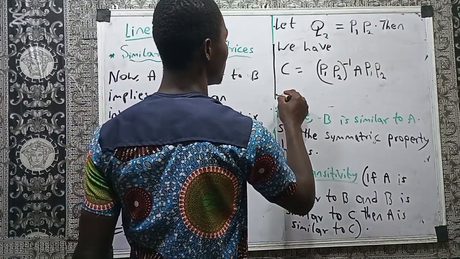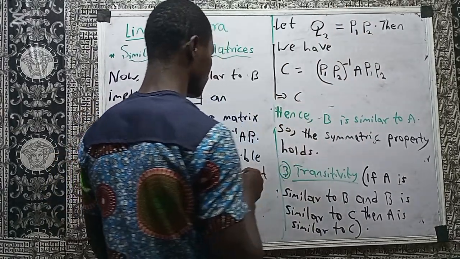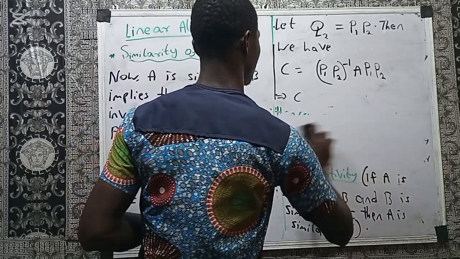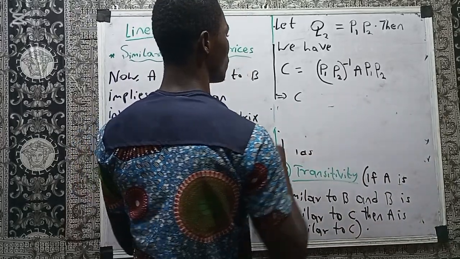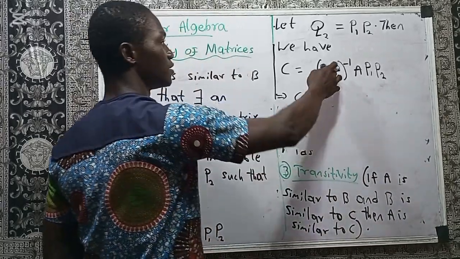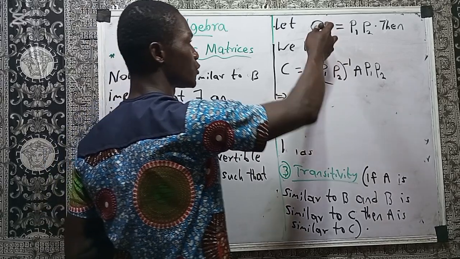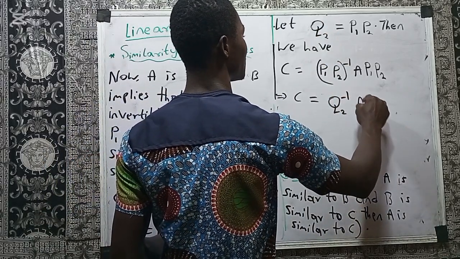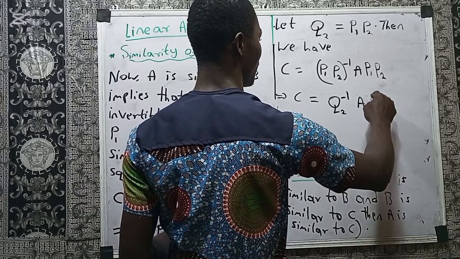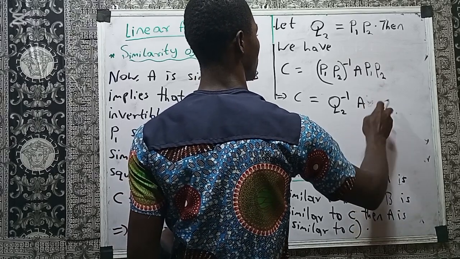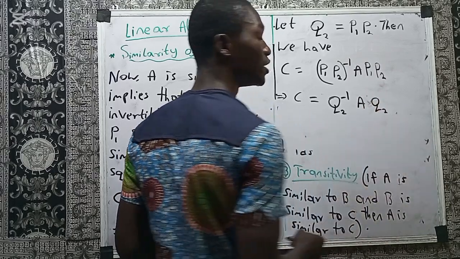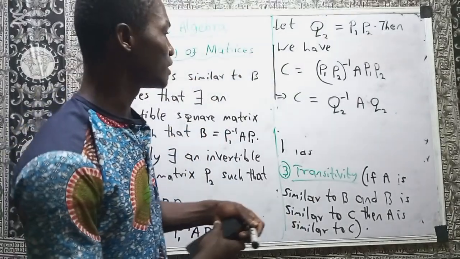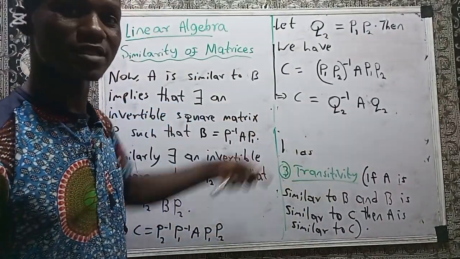So matrix C will be equal to Q sub 2 inverse multiplied by A multiplied by Q sub 2. This simply means that A is similar to C.